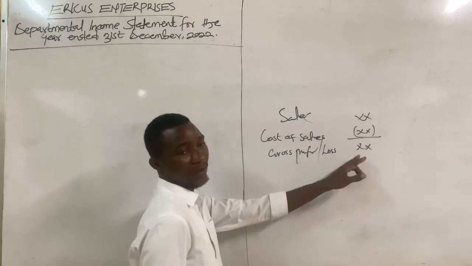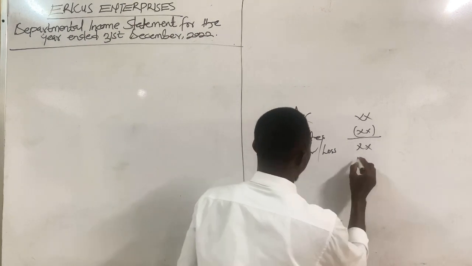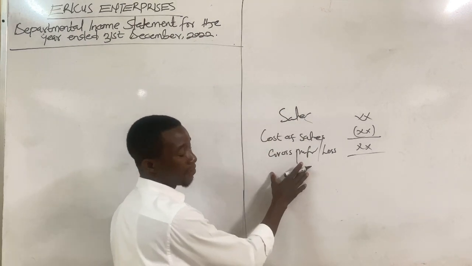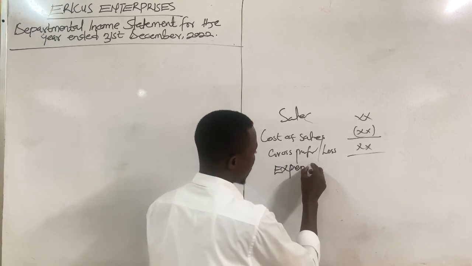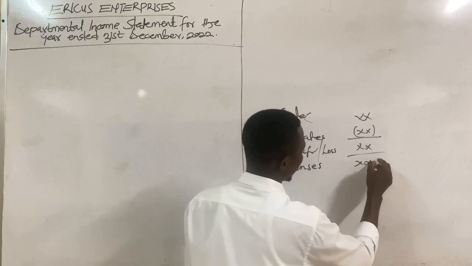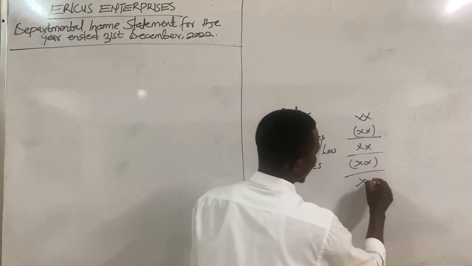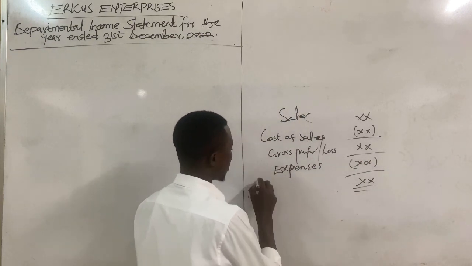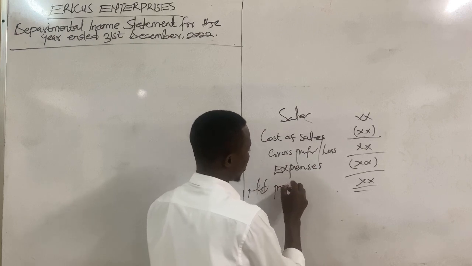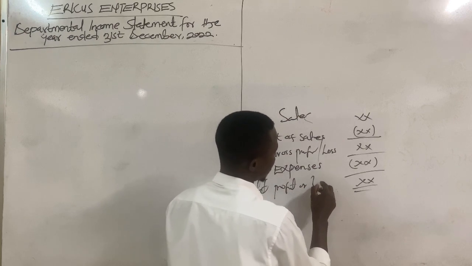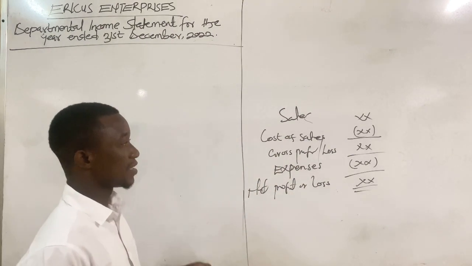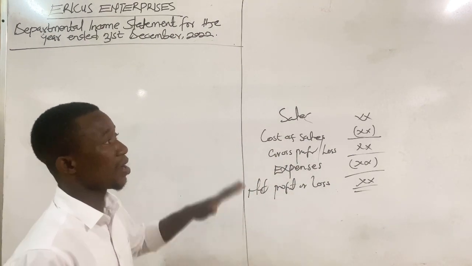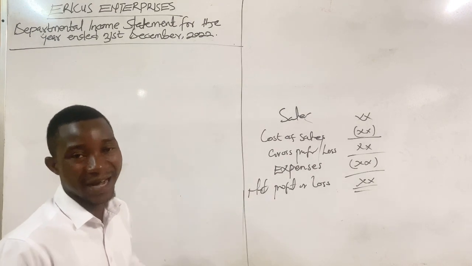After looking at the gross profit or loss, then we add other incomes. After that, we less our expenses to arrive at our net profit or loss. So this is what we will be doing in this departmental income statement, but we will be preparing it for each department.